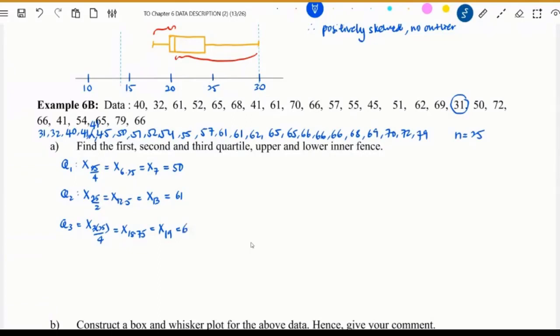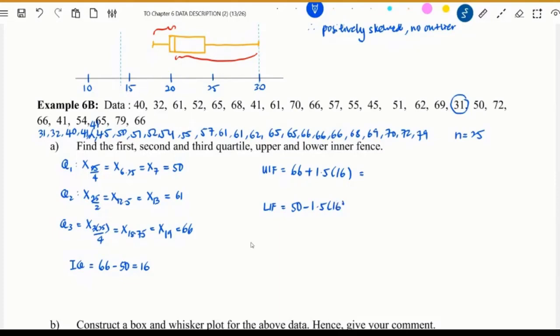Okay. Alright, so we have to find the upper inner fence and lower inner fence. So for these two values, you need the interquartile range. So the interquartile range, we're gonna have 66 minus 50. So we're gonna have 16. So here will be Q3, which is 66 plus 1.5 times 16. And then LIF, which is 50 minus 1.5 times 16.